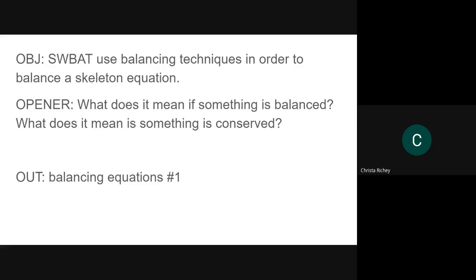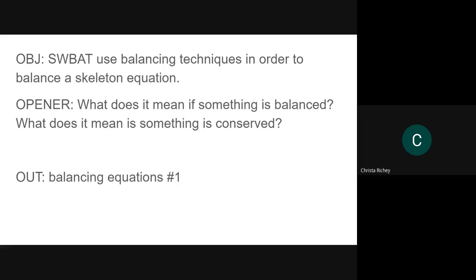Now, what does it mean if something is conserved? If it's conserved, what does that mean? No. There's the law of conservation of energy, and there's the law of conservation of mass, and there's the law of conservation of matter.